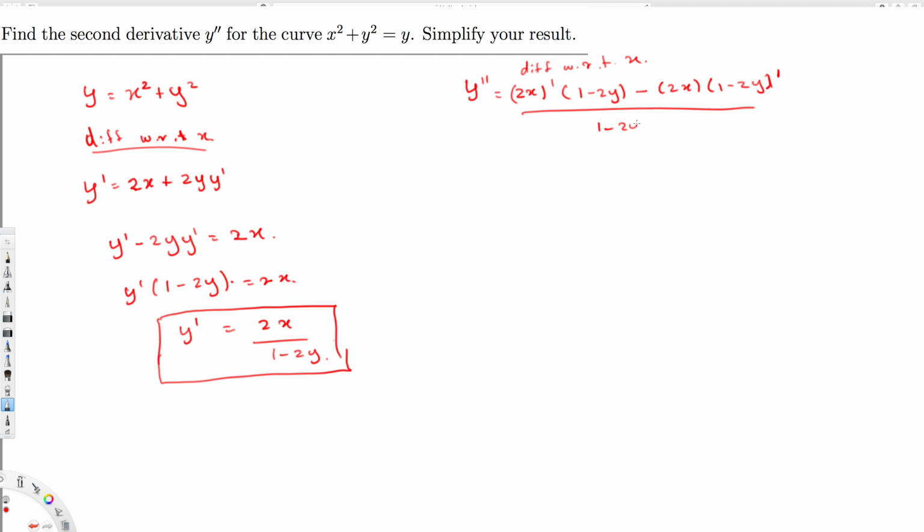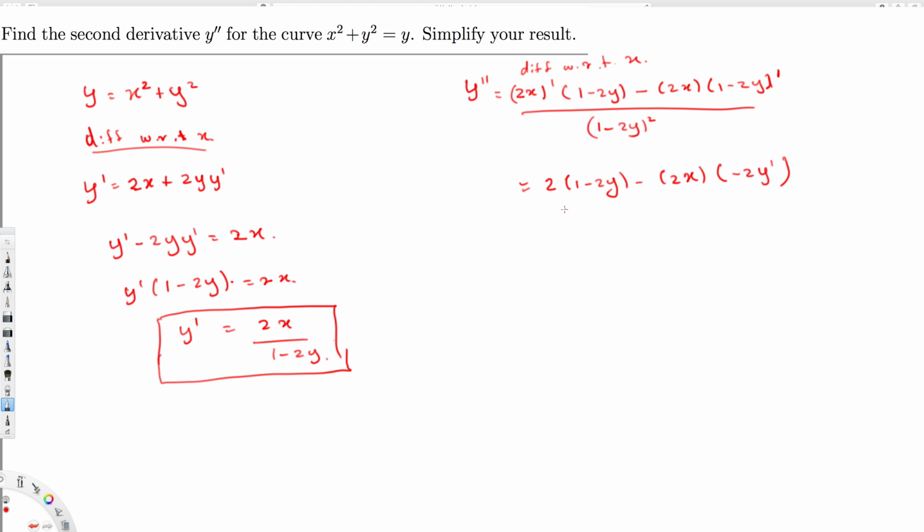So 1 minus 2y squared. Now the derivative of 2x is going to be 2, and 1 minus 2y remains the same. Then we have 2x right here. The derivative of 1 is 0, the derivative of any number is 0, and minus 2y is going to be minus 2y prime straight away.